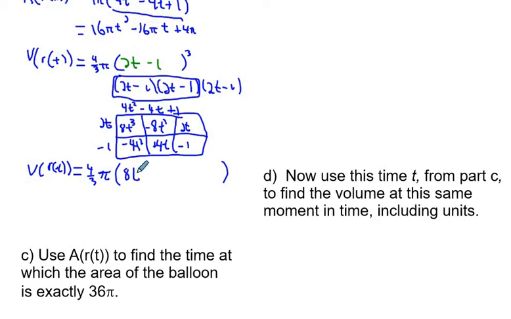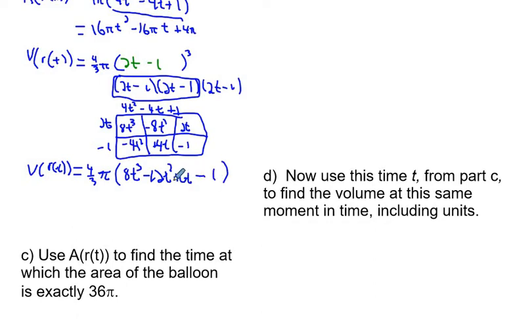So 8t cubed, negative 4 and negative 8 are negative 12t squared, 4 and 2 are 6t, and then we have minus 1.